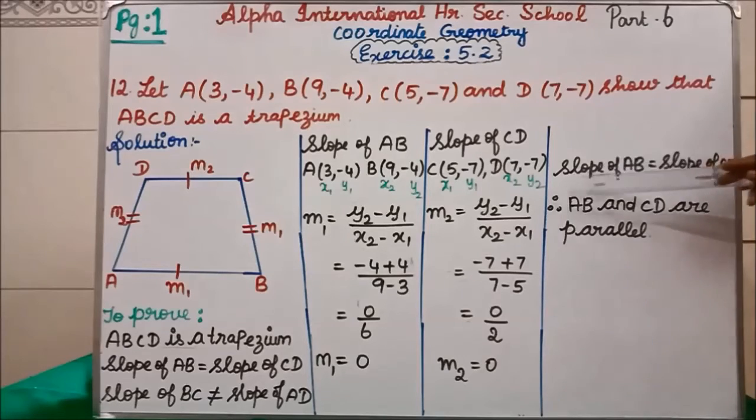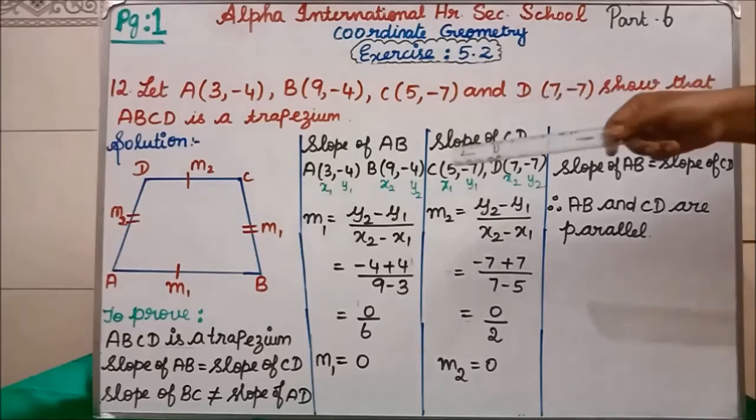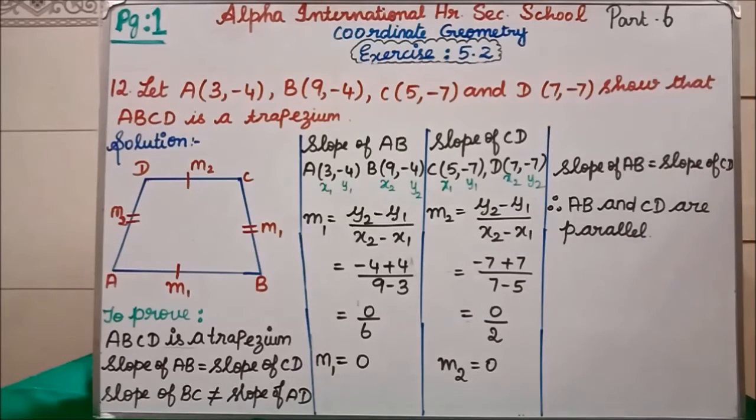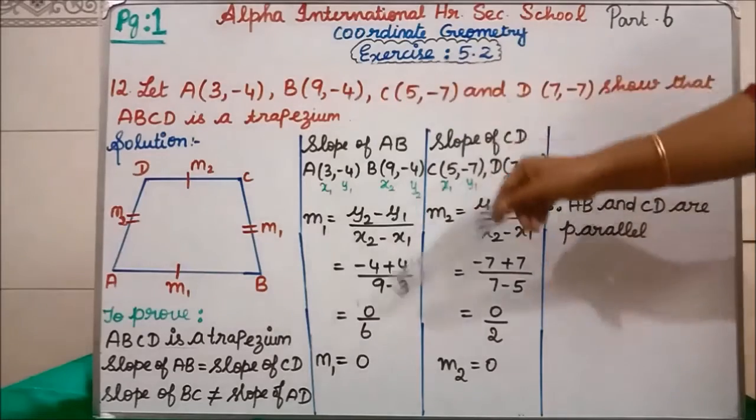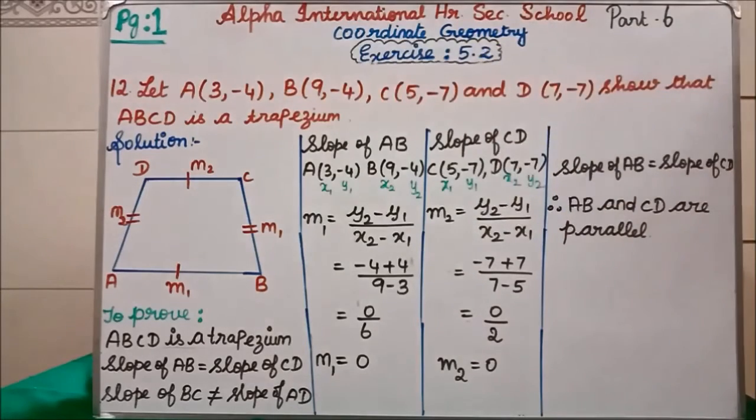We can write slope of AB is equal to slope of CD, which means AB and CD are parallel. One pair of opposite sides we have got parallel, then surely it is a trapezium. But still we have to find BC side and AD side, but those two will not be the same.